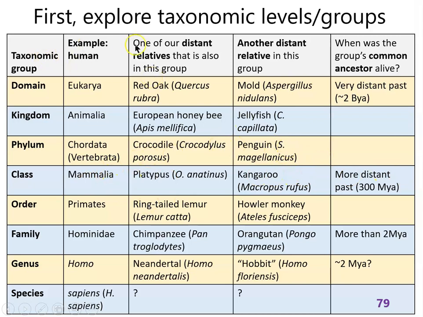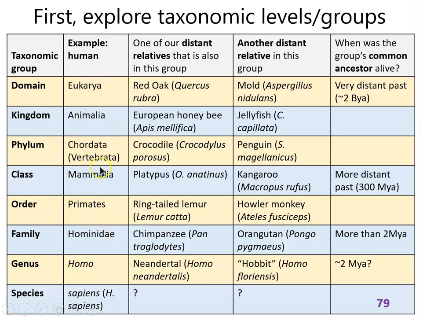So the idea here in this table is that for each of these taxonomic levels, you can see what a human is. We are in the kingdom Animalia. We're in the phylum Chordata, class Mammalia, order Primates.